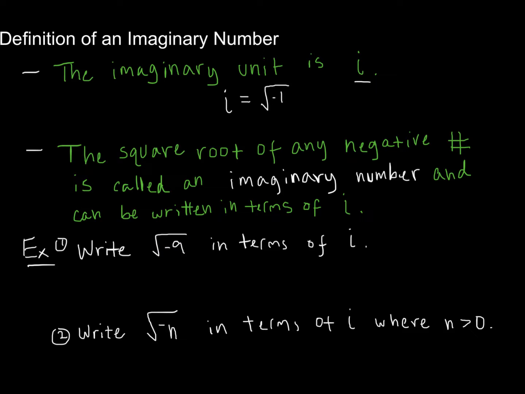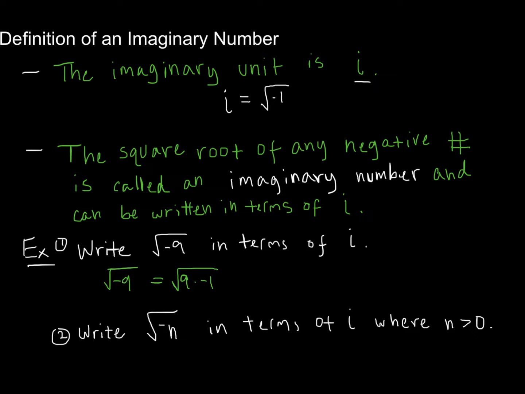So let's talk about how we can do this. If you have the square root of negative 9, we're going to use the property of square roots to break up the part that we can represent in real numbers and the part that is just an imaginary number i. Okay, so let's rewrite this as the square root of 9 times negative 1.